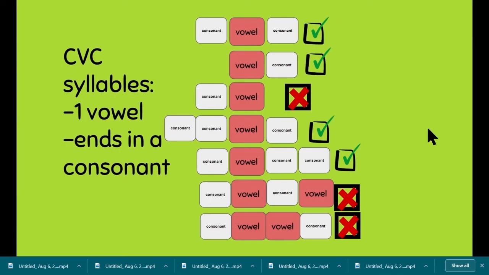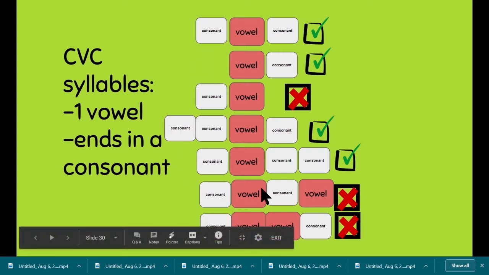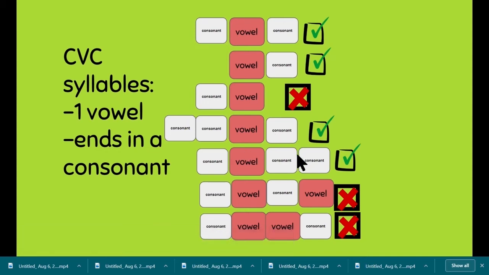So we have a lot of different combinations that will suffice to fit this rule. We can have a consonant, a vowel, a consonant, CVC, but we could also have just a vowel and a consonant. There's no rule that says you have to have one before, right? The rule is that you have one vowel and it ends in a consonant, right?